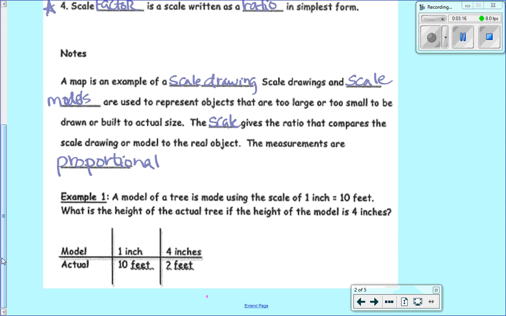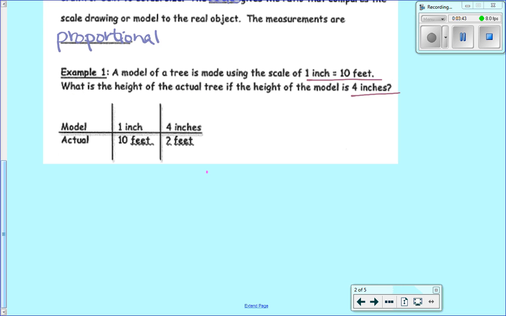So if we look at example 1, a model of a tree is made using the scale 1 inch equals 10 feet, similar to what we always say. What is the height of the actual tree if the height of the model is 4 inches? So 1 inch represents 10 feet, which can be written as a ratio. Look how they set this up.